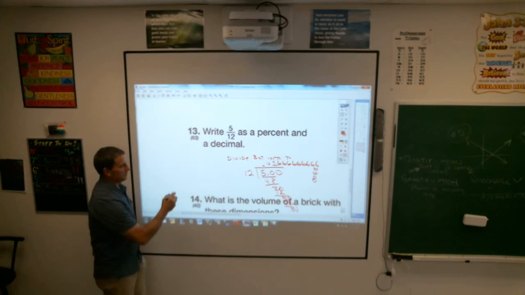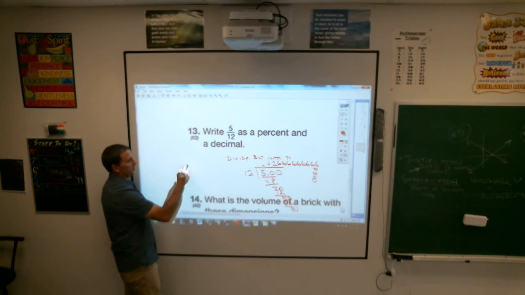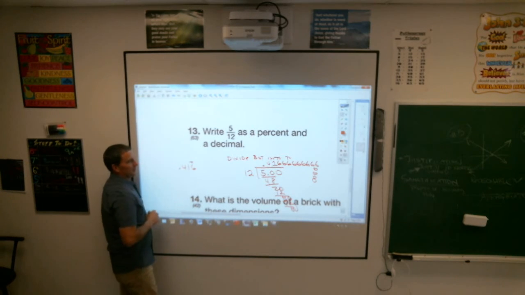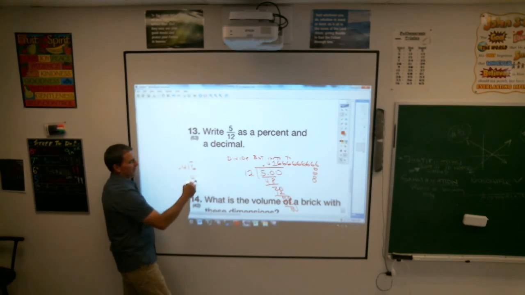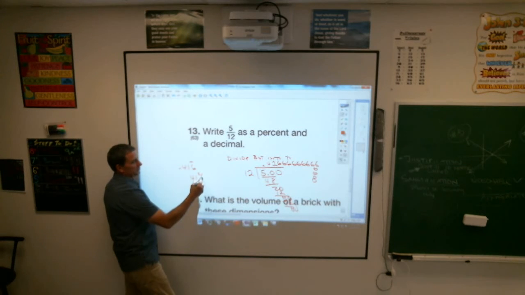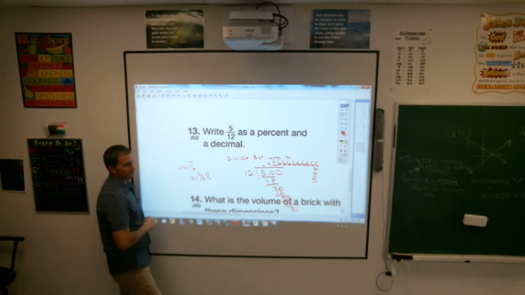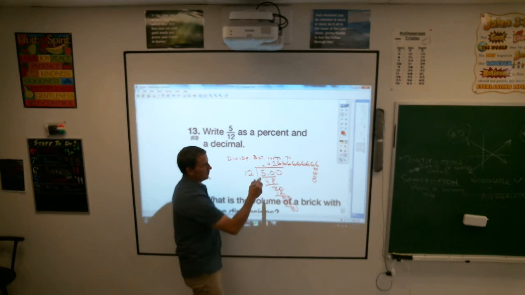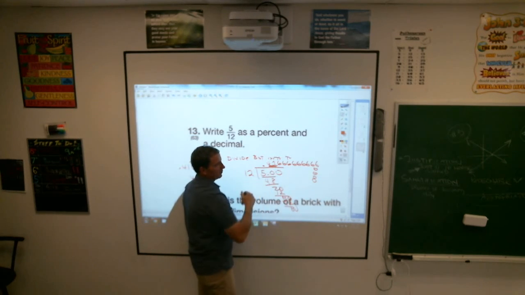That'll give you the decimal, which is 0.41 repeating 6. But how do I go from that to getting 41 2/3%? Probably the best way to think about that is once you get past this 41, what was your remainder down here? You need to take that 8 and put it above 12.